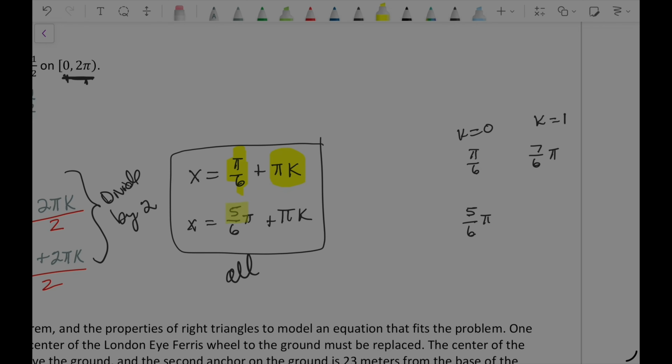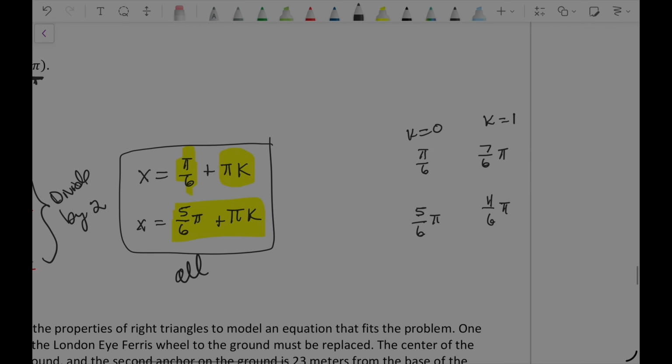For the next one, I would have 5/6 pi plus 6/6 pi, and that's 11/6 pi. I can already see that if k is 2, the top one would be adding a 2 pi, resulting in too big a number. The second one, same thing.